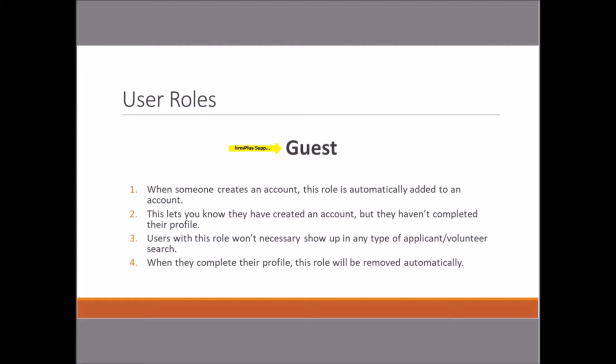In applicant search or volunteer search, they're not going to show up because we don't necessarily have enough information on them. A good example would be an applicant that hasn't selected what interest type they are. Applicant search puts people by their interest type, so if they haven't completed their profile and have no interest type, you're not going to find them in applicant search. It's the same with volunteer search.